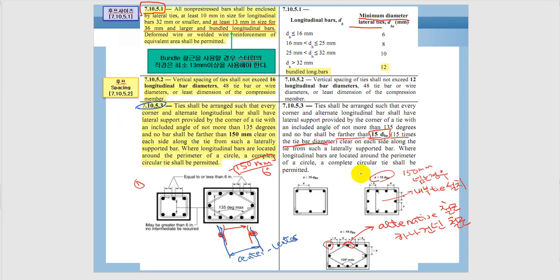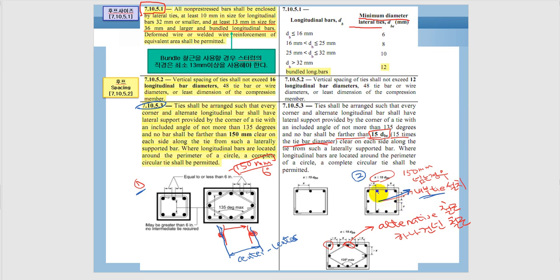And the second thing is that here, if you have a clear spacing greater than what is required in this section, which is 6 inches, 150 millimeter, or 15 lever times lever, tie lever diameters or whatever, then you need to have an internal tie, something like this.